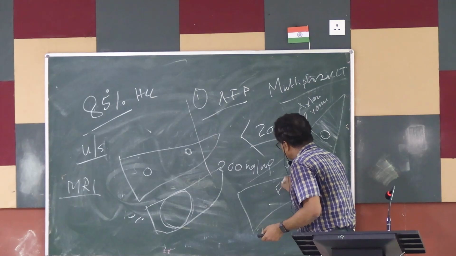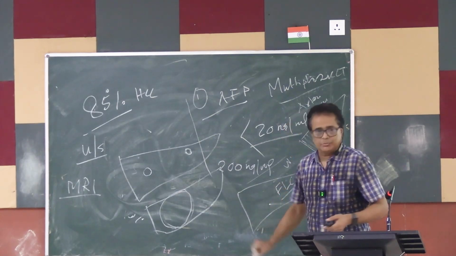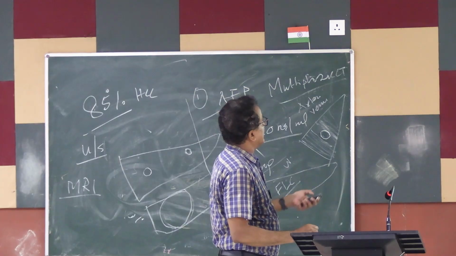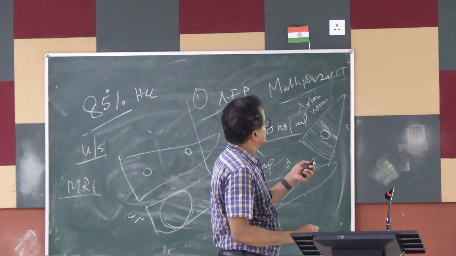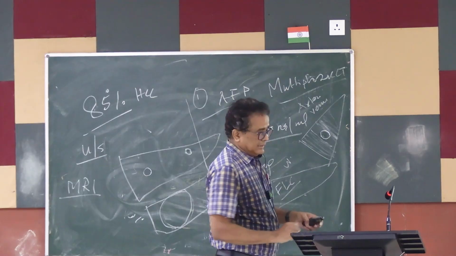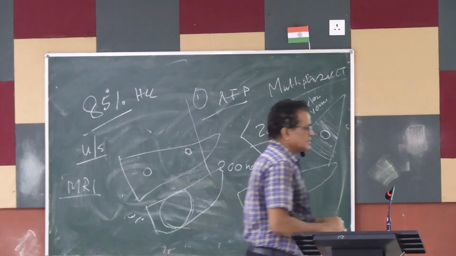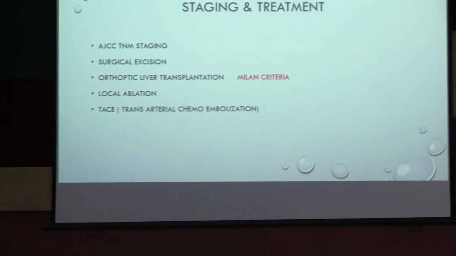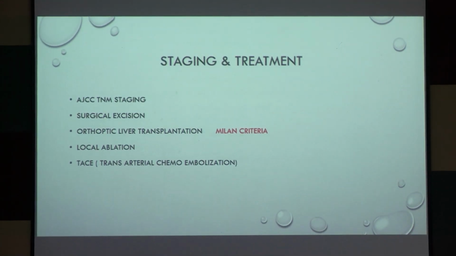This third one is FLC, fibrolamellar, that will come later. So we have covered this one: alpha-fetoprotein, MRI, multiphasic CT, and then the treatment. I mean, staging, for theory you can write in detail, but you need not know it.